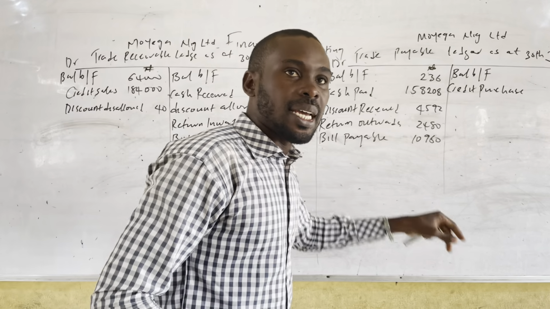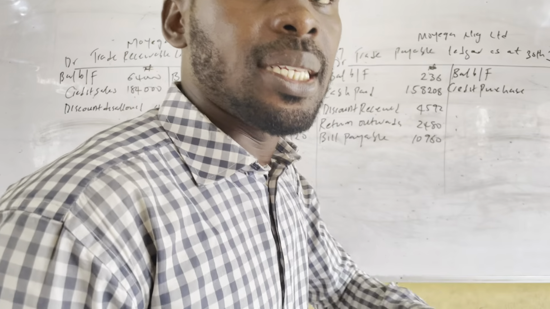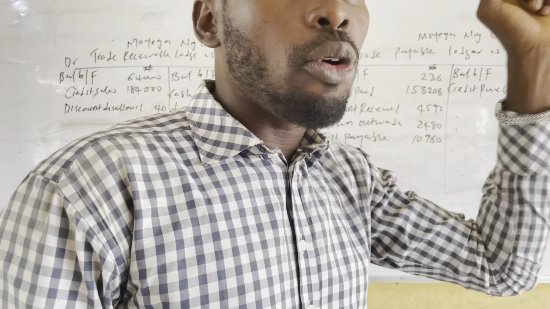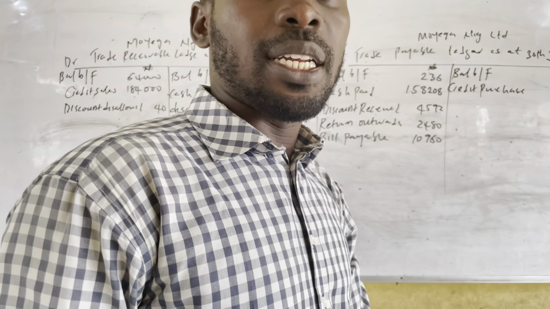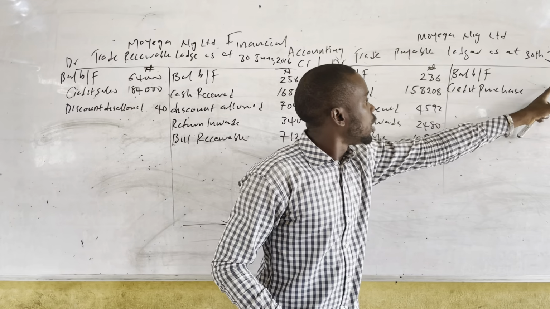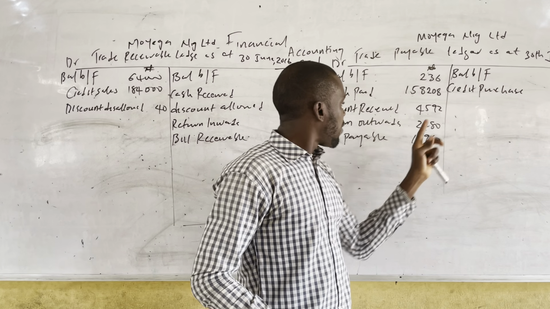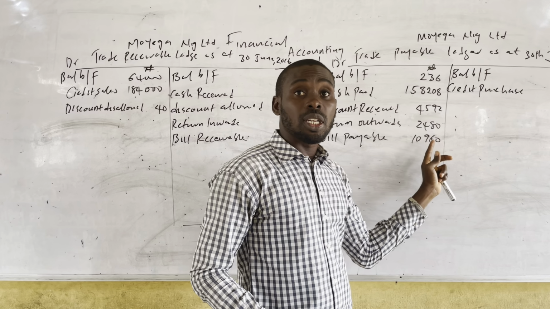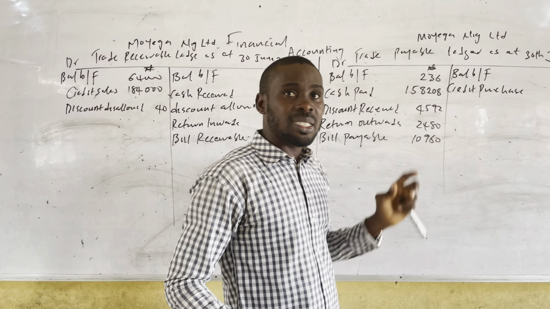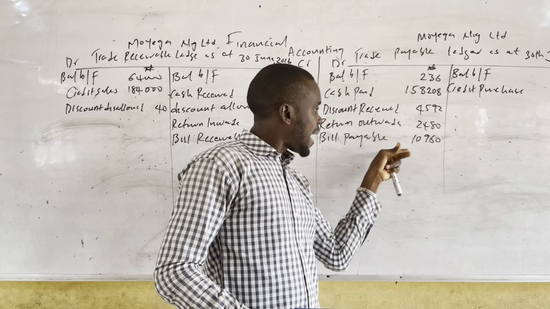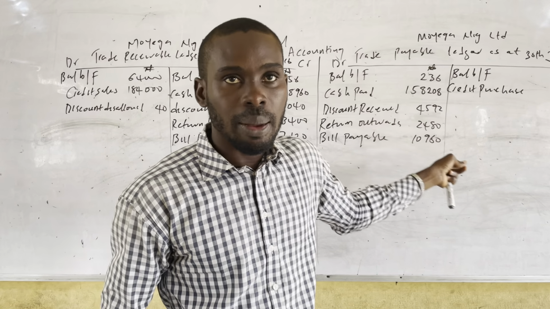Then bill payable now is that the business has paid a check to the supplier, telling them that the money I'm owing you has reduced by this amount of check. So this is the money they are owing the supplier, but they gave them a check of 10,690. Automatically, it means the business liability with the supplier has reduced by that amount of the bill. Am I making sense?